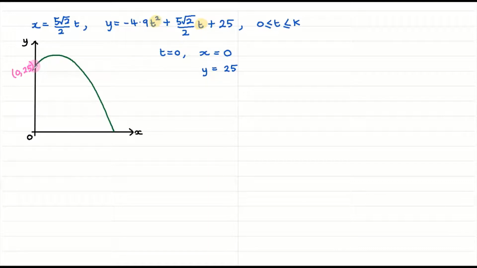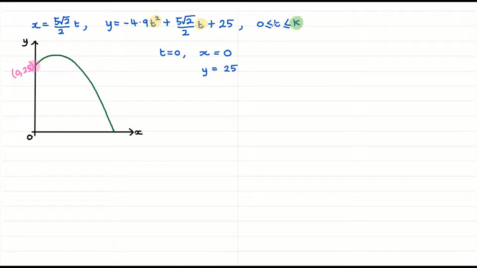So what we're asked to do in the question is to first of all figure out what this constant k is. So this model is valid between t equals 0 and t equals some constant k. Now, if you look at the path of the stone, it's following a parabola. Now, the parabola is, of course, a quadratic equation. And this parabola would effectively not know that it's being used in a modeling situation. It's just a quadratic.